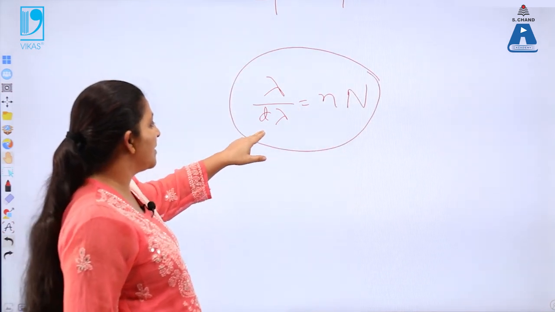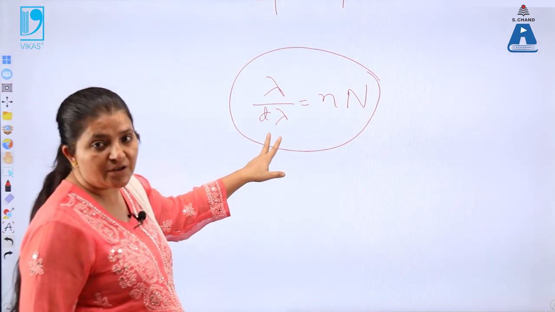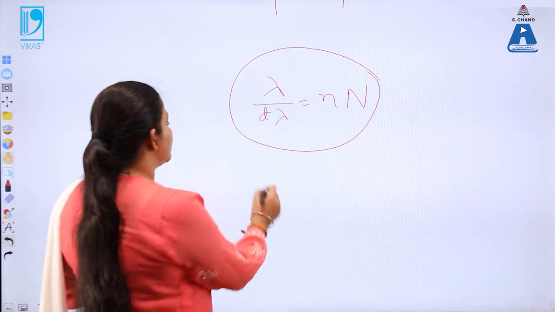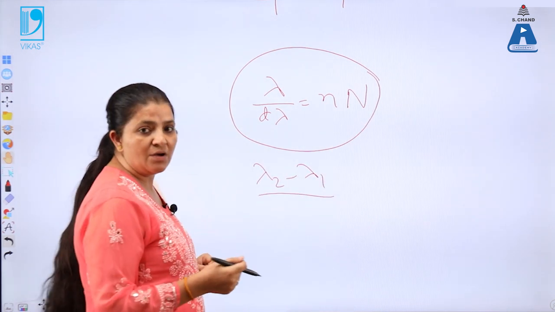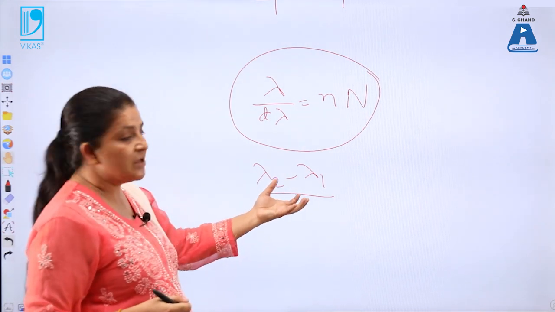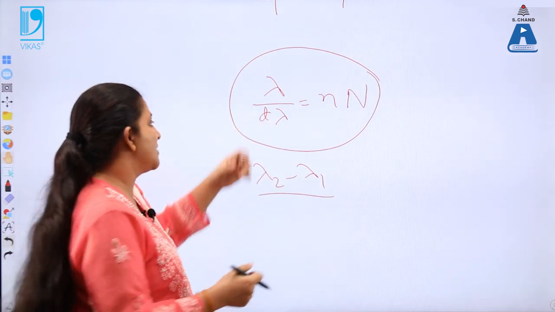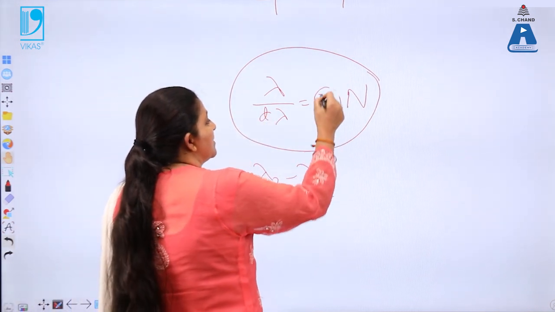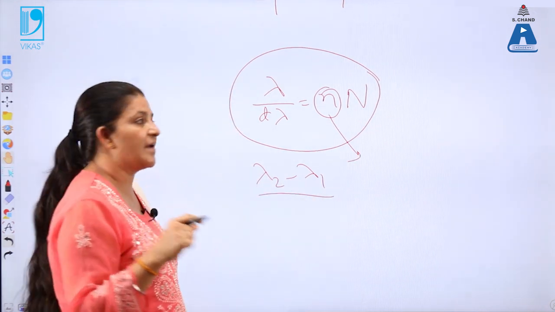What is d lambda here? If we want to distinguish between the objects, d lambda gives us the difference between the wavelengths of these two waves. So that is the difference between the wavelengths, given by d lambda. What is small n here? Small n is defined as the number of parts into which the single slit is divided.